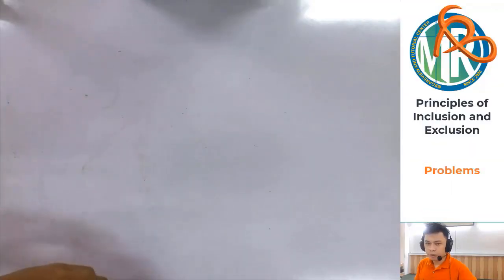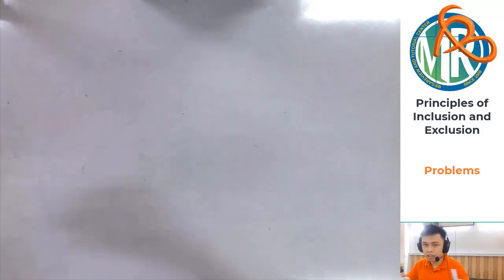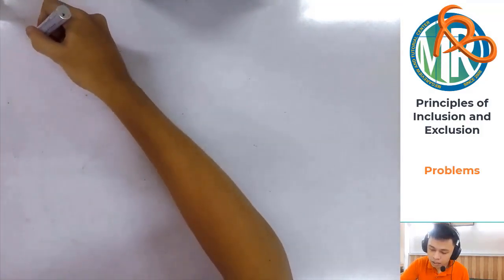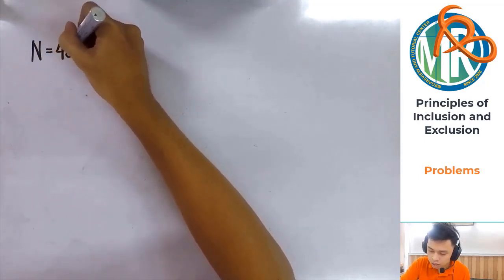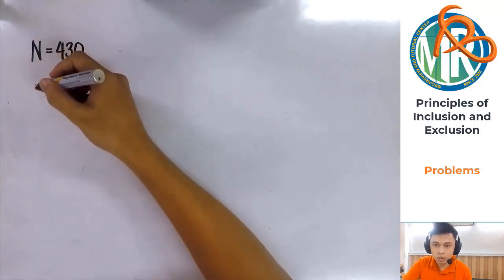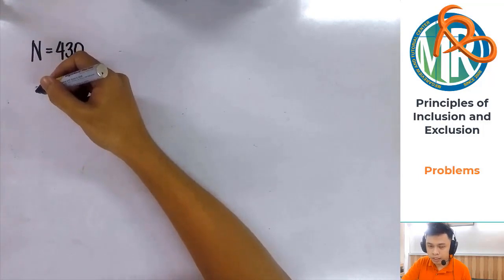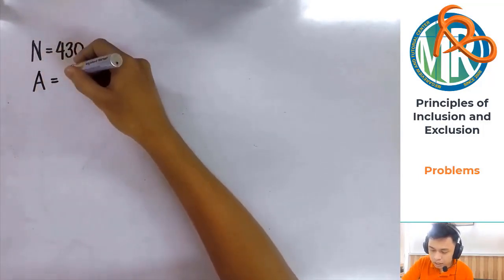So, for our next problem, sabi dyan, we have a total of 430 students. So, let us say guys, that is your N. And to get rid of boredom, bali 200 students yung nag-consume ng time nila sa Facebook lang. So let us say, nandito siya sa set A, no?